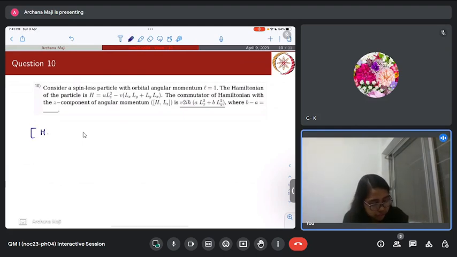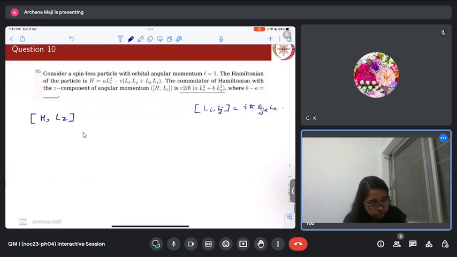It's the Hamiltonian with Lz, and we need the formula that Li Lj commutator is i h cross epsilon ijk Lk. So the Hamiltonian is u Lz square minus v times Lx Ly plus Ly Lx, comma Lz.